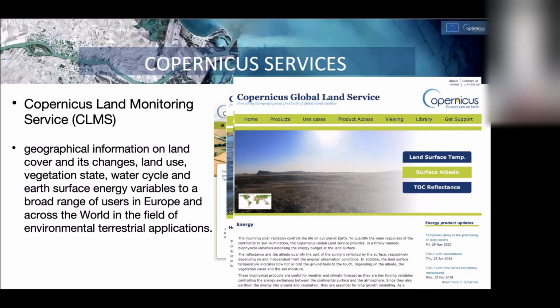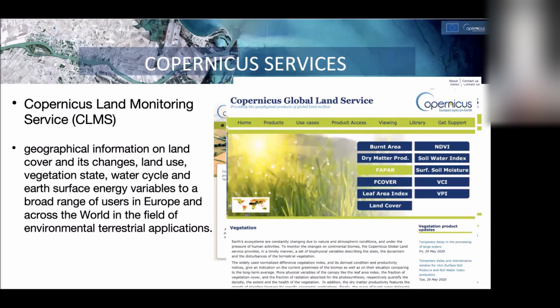Again, energy is valuable for the understanding of vegetation and how much energy they are getting, and sort of linked products to that. And here again, more types of vegetation information that you could get.